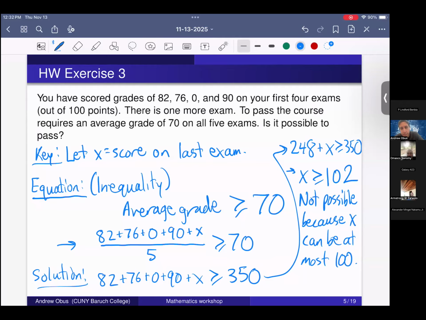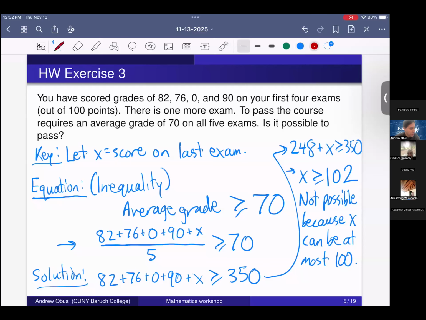All right. Any questions? Okay, so this one's relatively simple, but you still have to just set it up correctly. And I think I'm not going to do the check. So I'm just going to leave this as the answer here.